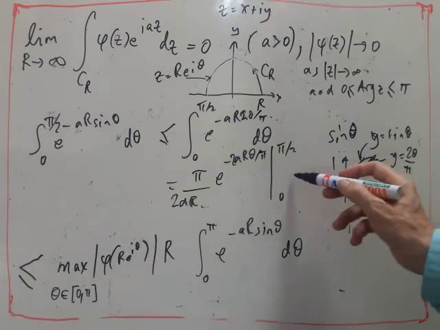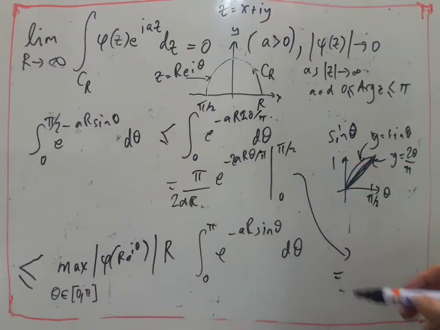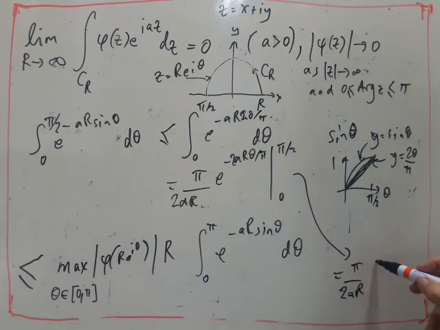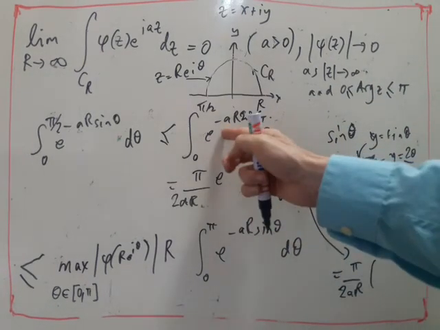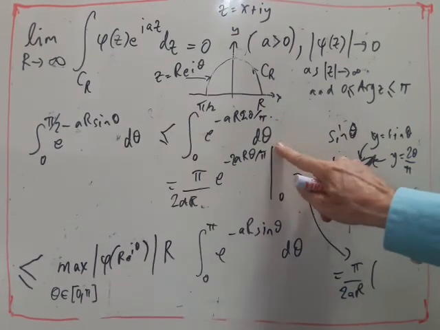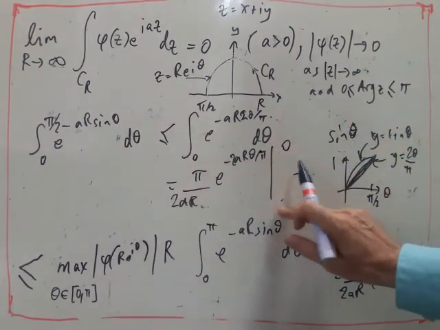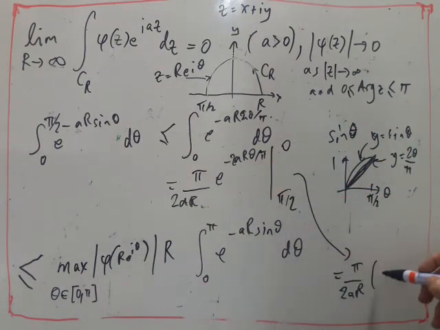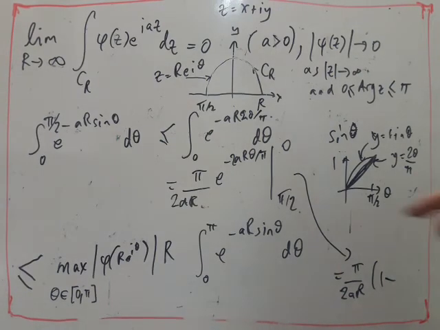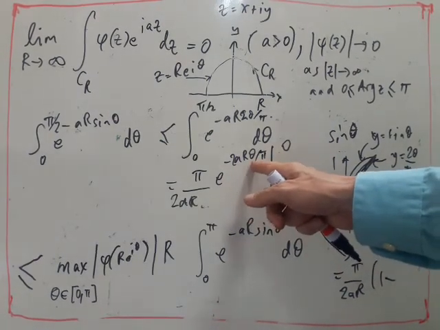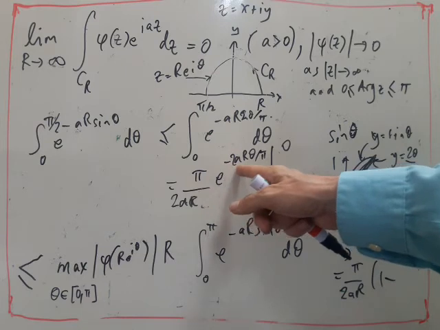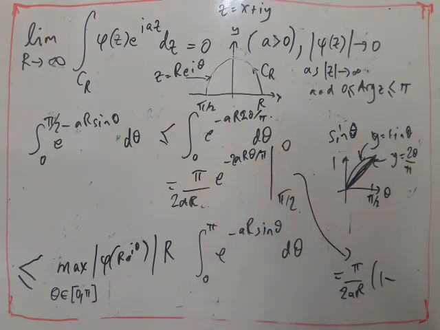And this thing here is equal to pi over 2ar. Sorry, I forgot the minus sign. I'll use the minus sign here to reverse the limits. So 1 minus e. So if I substitute pi by 2 into here, I just get e to the minus ar.